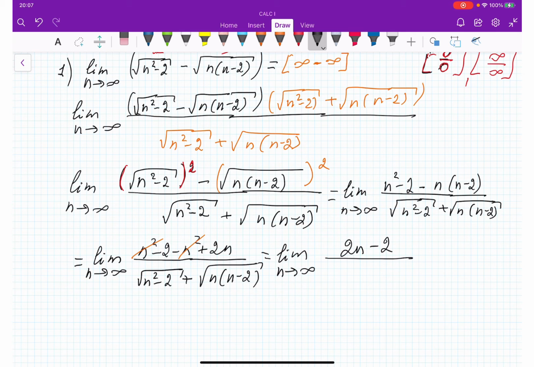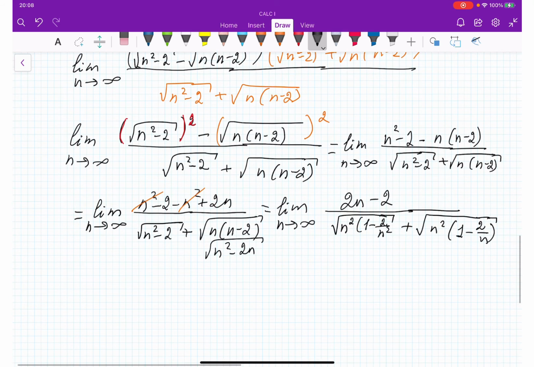I take n squared out, and I will have 1 minus 2 divided by n squared, plus, under the square root, n squared minus 2n, so I take n squared out and have 1 minus 2 over n.